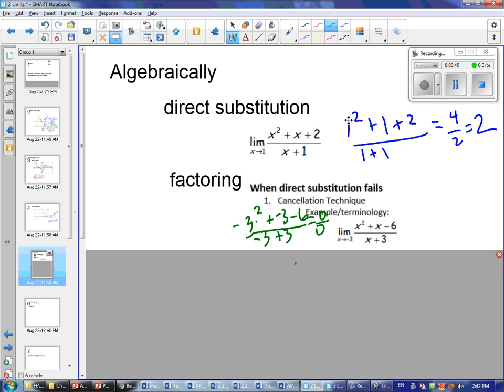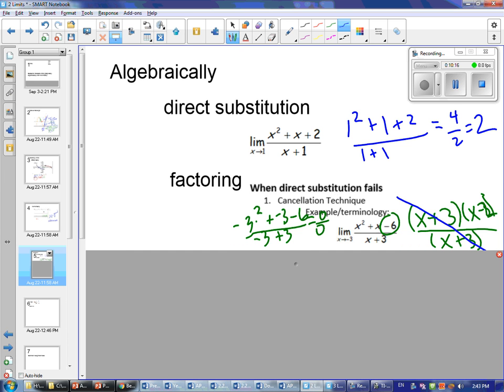So one technique here is to try factoring. At the top we have a quadratic. So I'm looking for numbers that multiply to -6 and add to +1. So I think x plus 3 and x minus 2. And then the denominator is x plus 3. What you'll notice here is that you have this factor x plus 3 occurring in both of them. X plus 3 over x plus 3 is equivalent to 1.